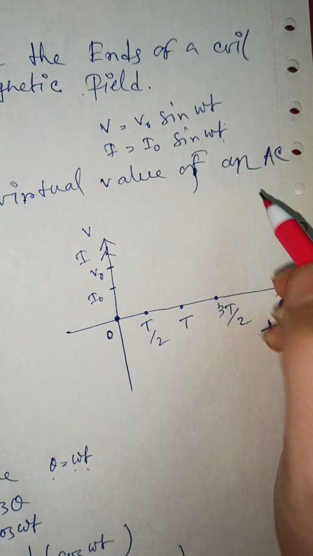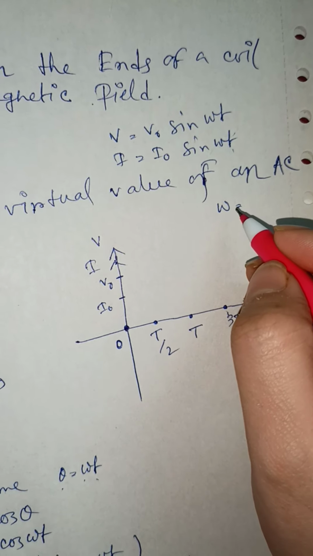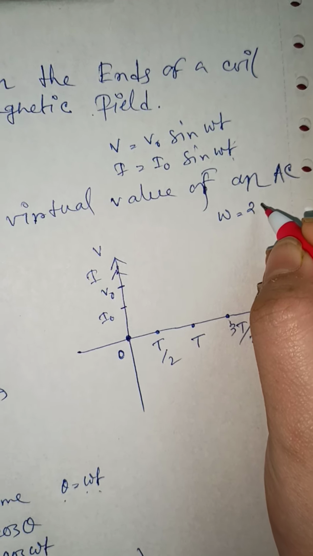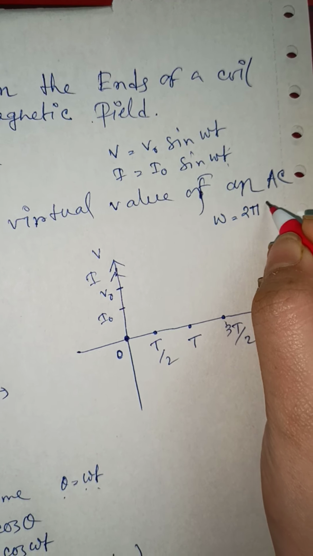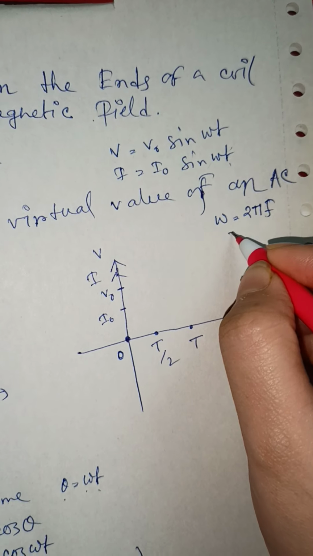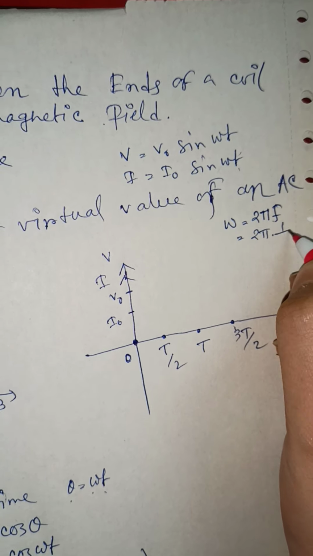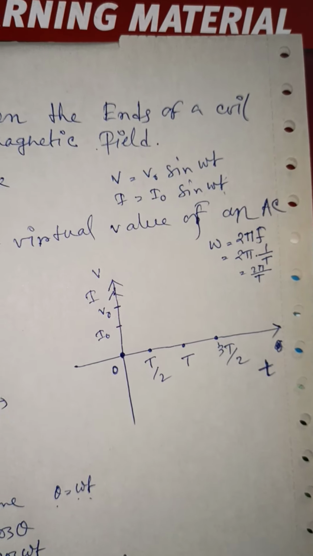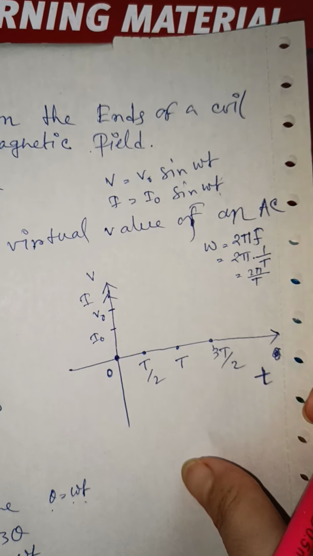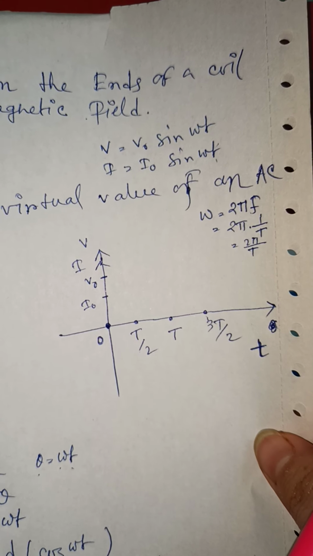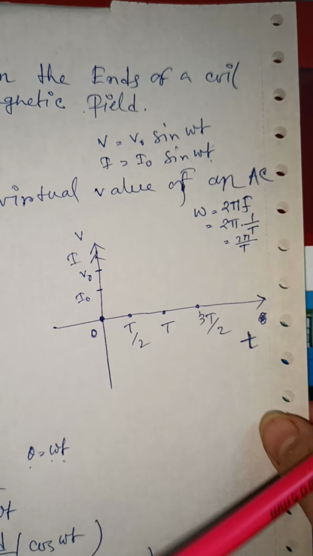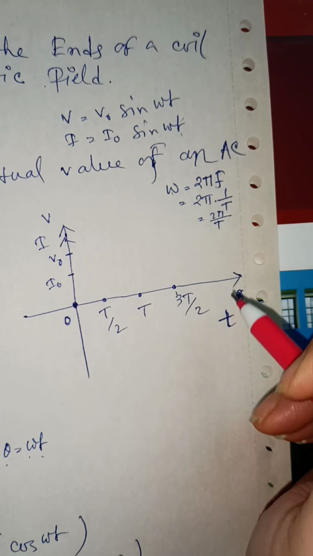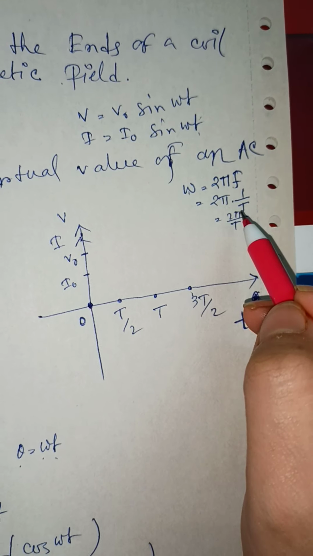Now, we know that omega is the angular velocity, and angular velocity equals 2 pi f, or 2 pi into 1 by T, where T is the time period. So angular velocity equals 2 pi by T.